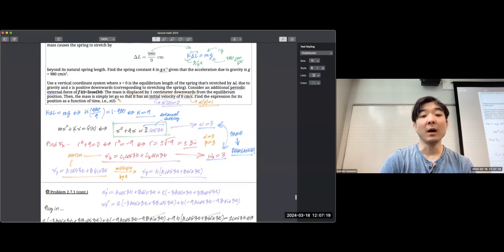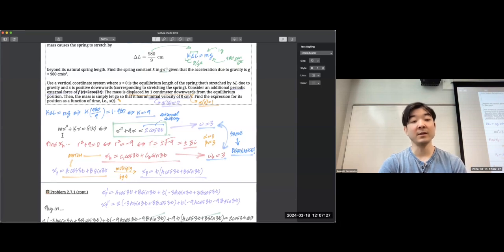And so this homogeneous solution is not unexpected, right? Because if you have no damping, then you're going to have just a simple harmonic oscillation, which is going to be C1 cosine of 3t plus C2 sine of 3t.